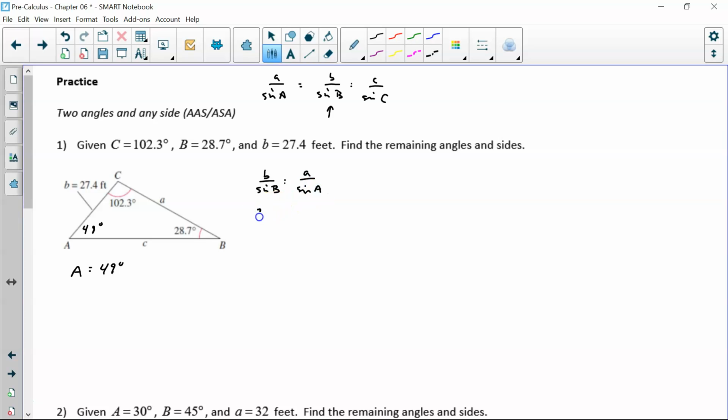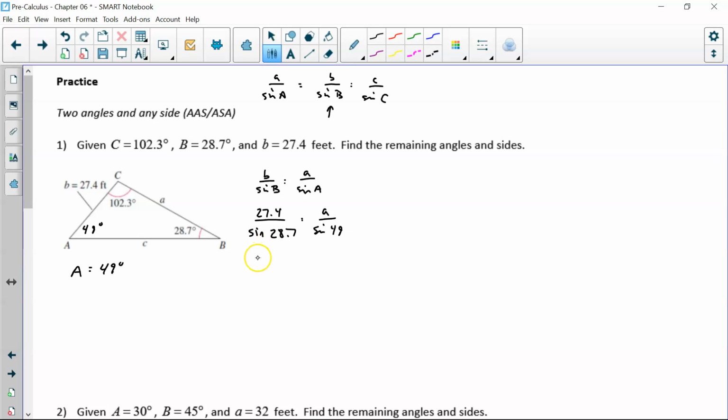And I'm going to fill in my values. So B, 27.4, over the sine of 28.7 degrees equals A, which we don't know, over the sine of 49. And there we go, there's our proportion.